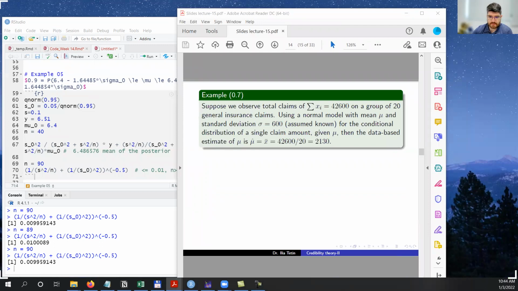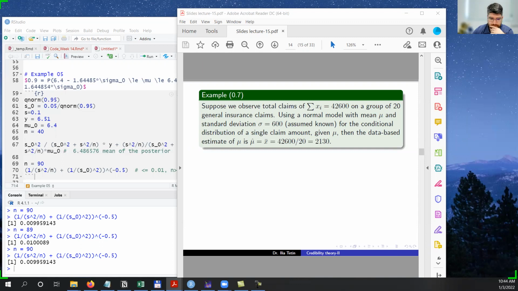We are considering the total claims of $42,600 on a group of 20 general insurance claims using a normal model with mean mu and standard deviation 600 for the conditional distribution. And what do we need to find out? Then the Bayes estimate is.